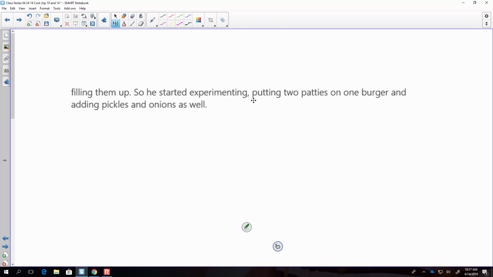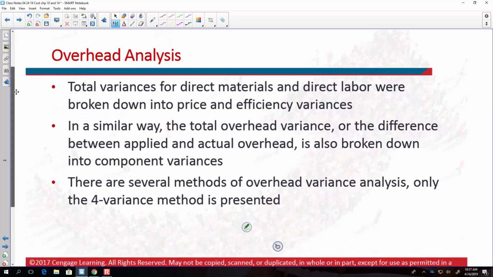It started basically because it wasn't enough of a sandwich for some people. And the 2 patties with the bun in the middle was so that it would hold together better and not slide around. That was innovative at that time as well. So just some fun things to talk about, rather than always this cost stuff.